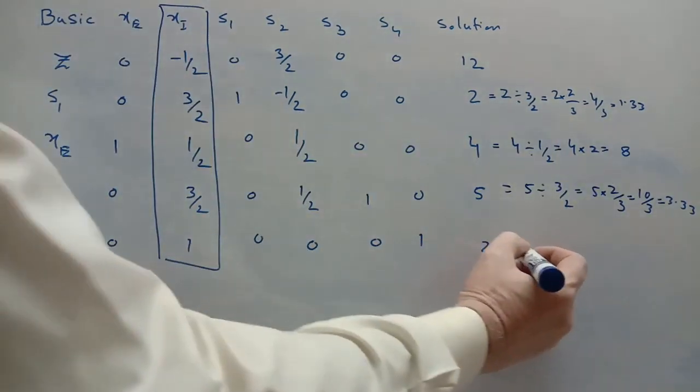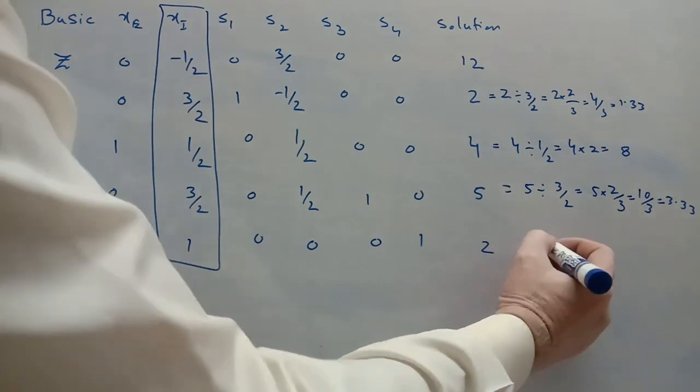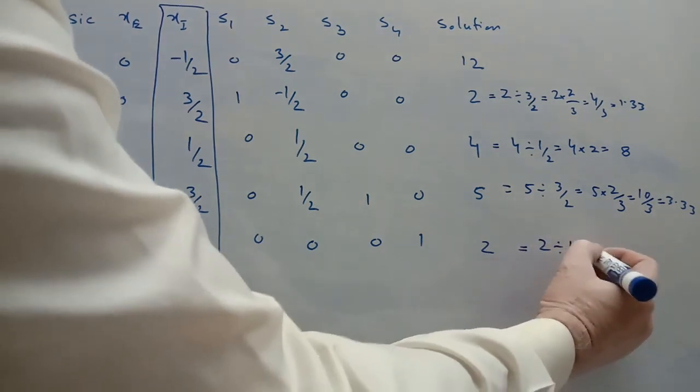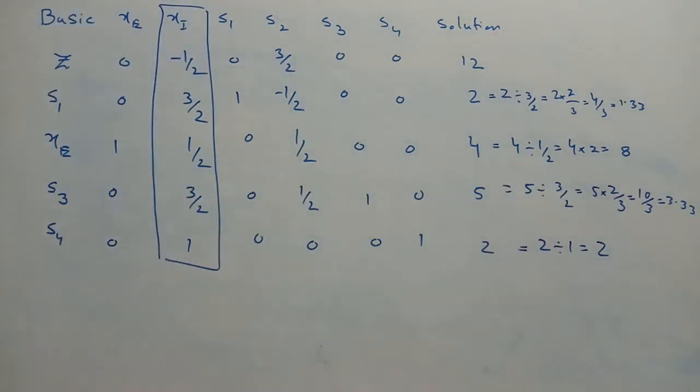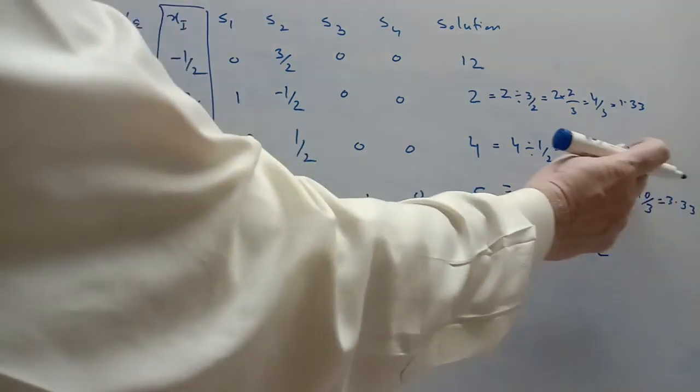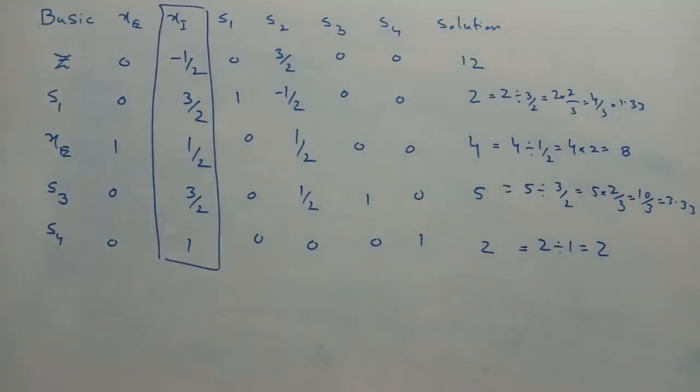And the last one is 2 divided by 1, so it will be 2. Now I told you the minimum ratio of solution to entering column gives the leaving variable. Looking at 2, 3.33, 8 and 1.33, the smallest ratio is 1.33.